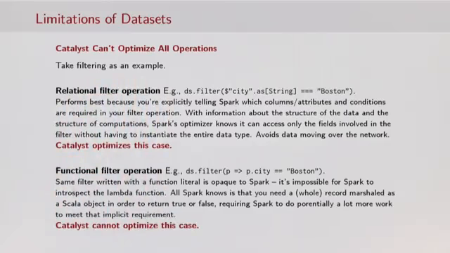Catalyst actually cannot optimize functional filter operations or functional operations that include passing around function literals or lambdas. The reason is that when you pass a function to Spark, all Spark can know is that you need an entire record serialized, so an entire object serialized, and you need to apply this function to it, and you don't know what's in it.